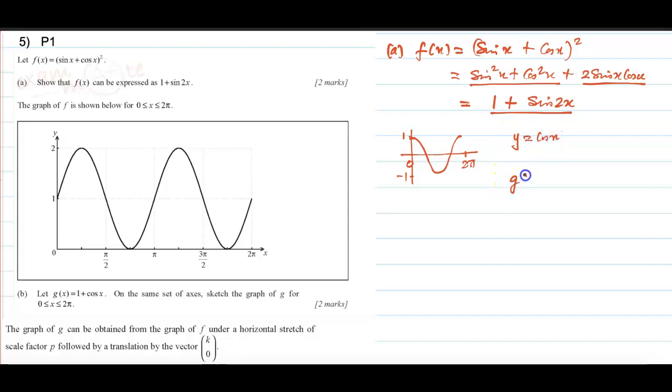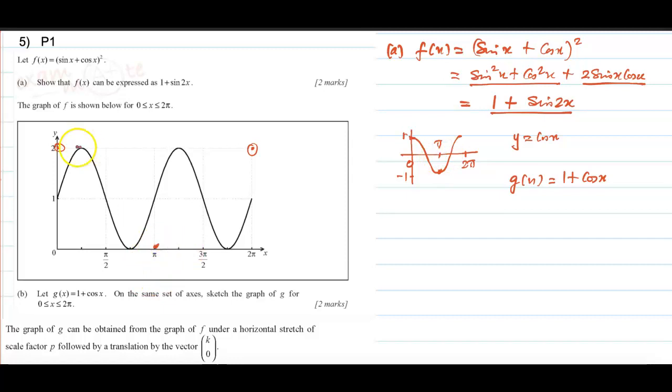Now my g(x) is 1 plus cos x. That means I have to translate this 1 unit up. So it will start at 2. Correct, it starts at 2. One cycle will get completed here, and the minimum will be at 0. So when this is pi, this will be 0.